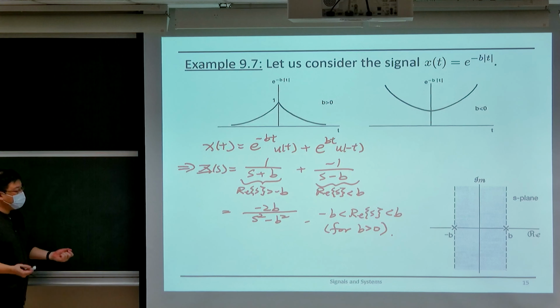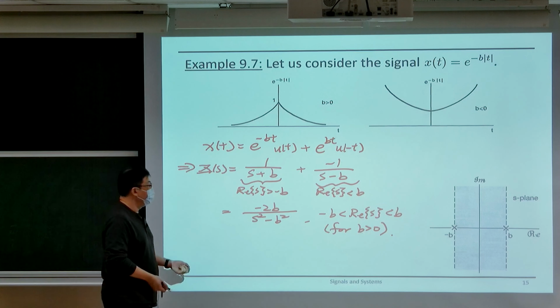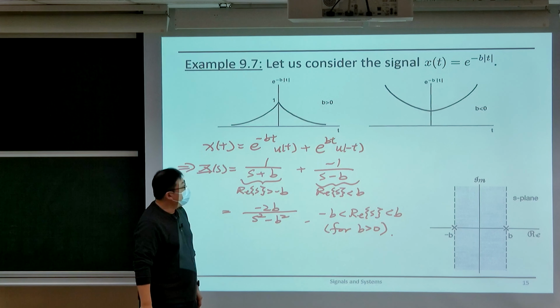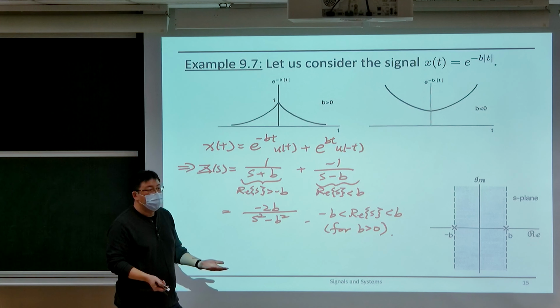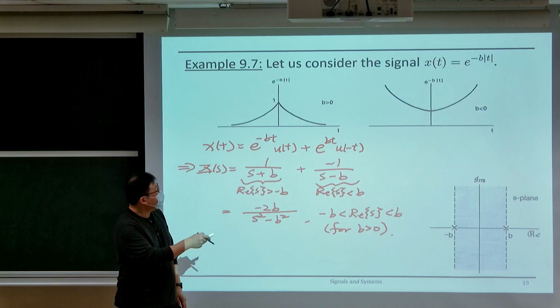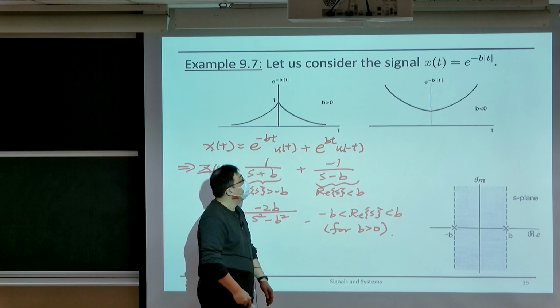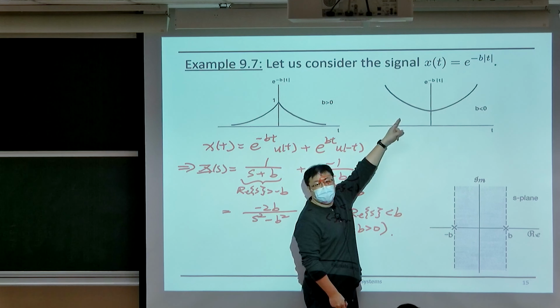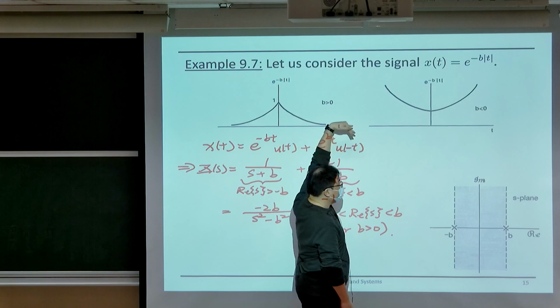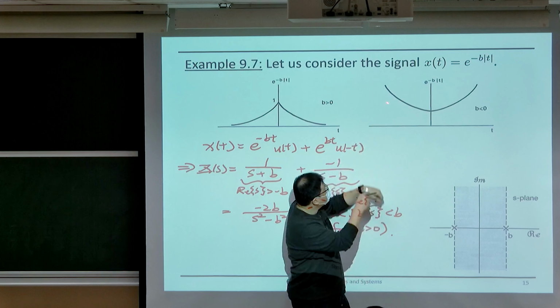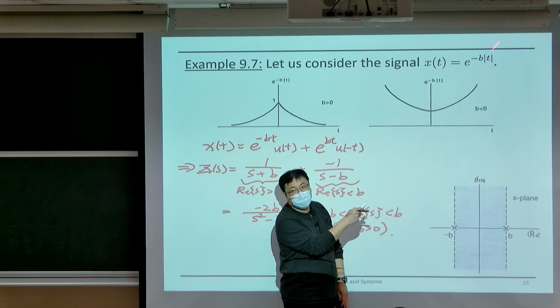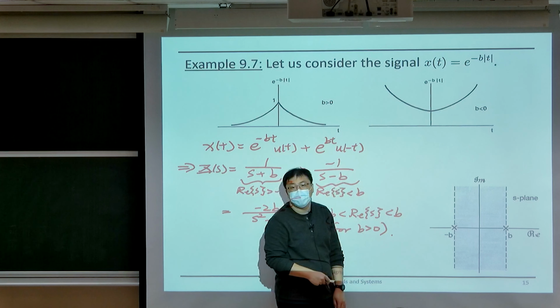Now, what happens if b is less than 0? When b is less than 0, then this tells us that the Laplace transform cannot exist. Now, why is it that it cannot exist? If you look at this figure here, right, this corresponds to b less than 0. Okay? So suppose you multiply this with a decaying exponential that decays to the right. You suppress this side, but still this side is going to infinity.